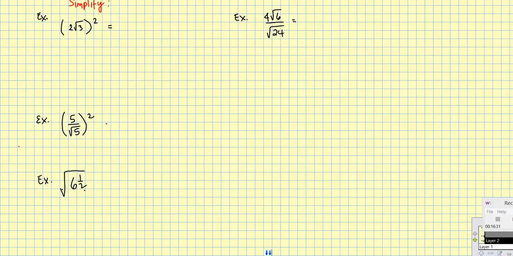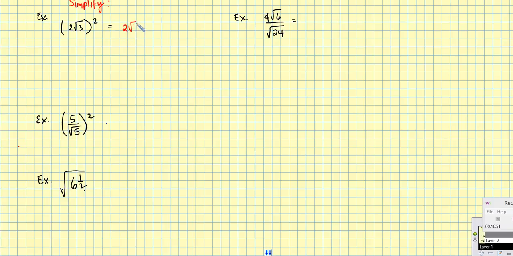Okay, so we're just going to do a few examples. If I have 2 root 3 multiplied by 2 root 3, that means everything outside of the square root is being multiplied together, and everything underneath the square root sign is being multiplied together.